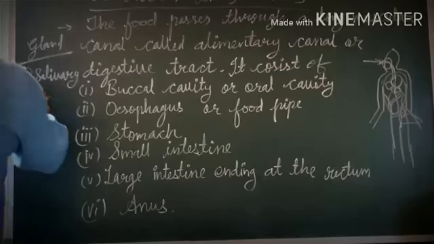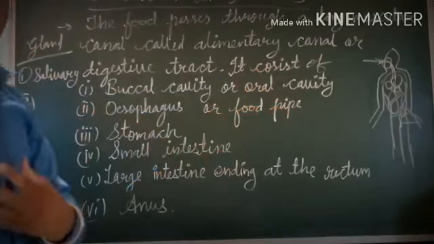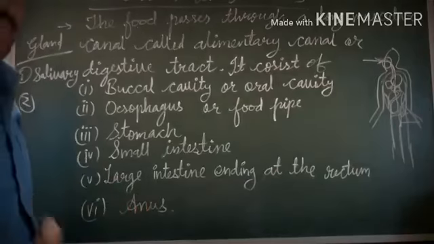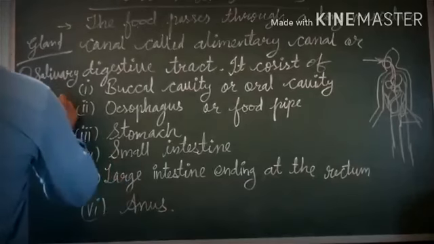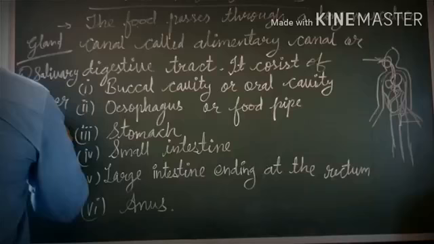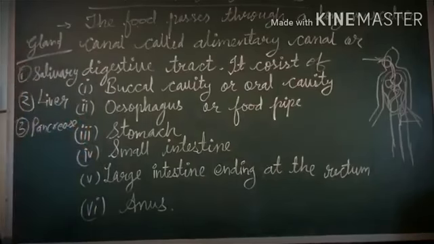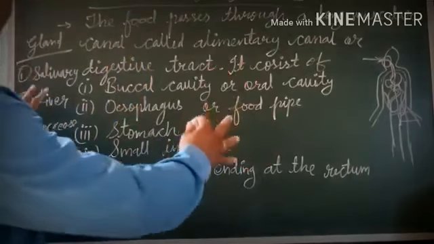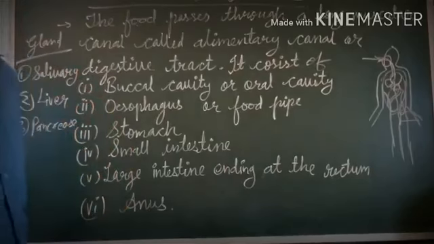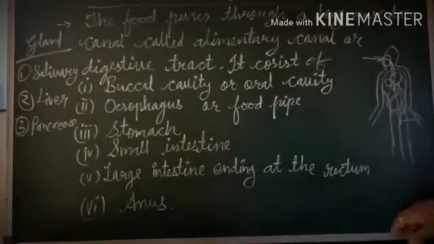Second, when our food goes into the stomach, there are also some glands nearby. One is the liver, third the pancreas. These are the main glands and organs. Both make up the digestive system in the human body. So you must note it down.